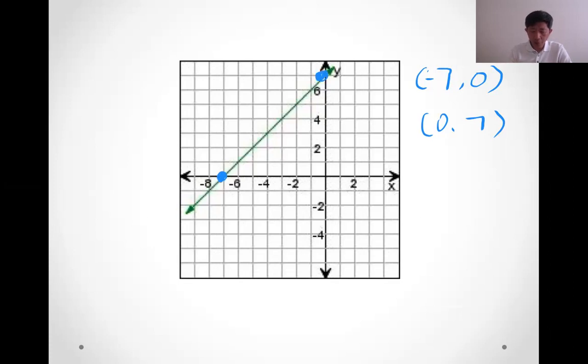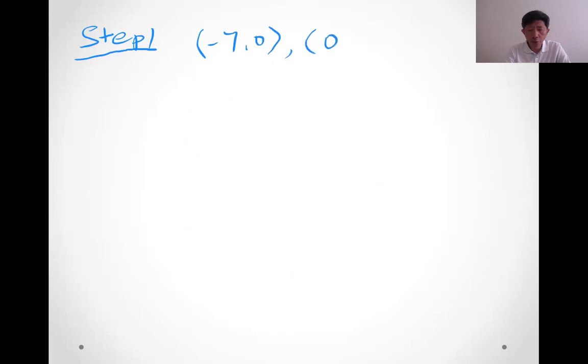Okay, so now let's do the 4 steps for this. Step 1, find the slope. We have negative 7, 0, and then 0 and 7.